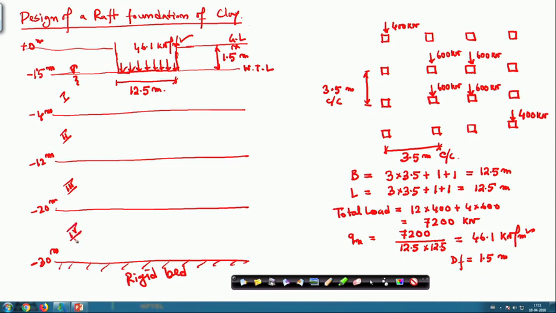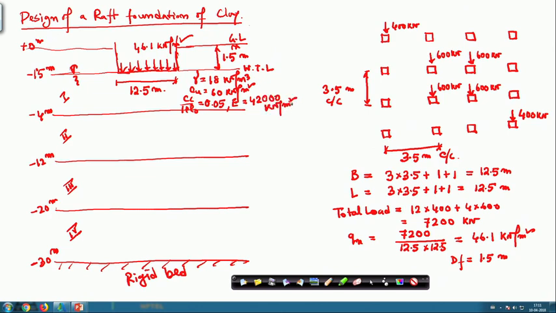And the properties given for the first layer: unit weight in kilonewton per meter cube, Cu is 60 kilonewton per meter square, Cc/(1+e0) is 0.05, and E value is 42,000 kilonewton per meter square.